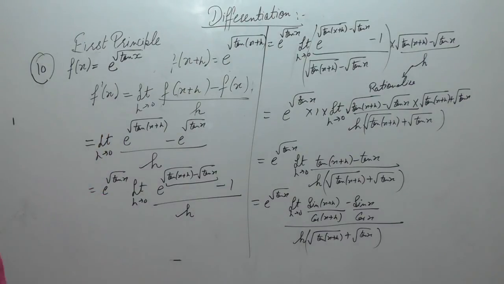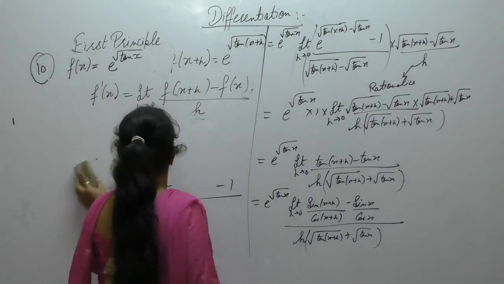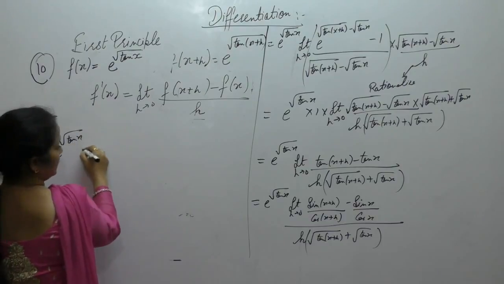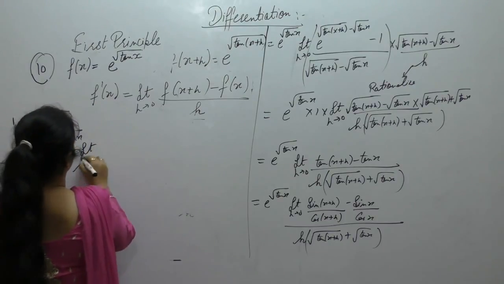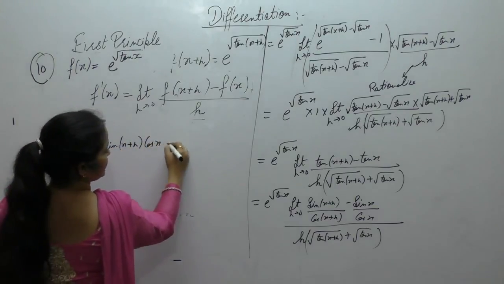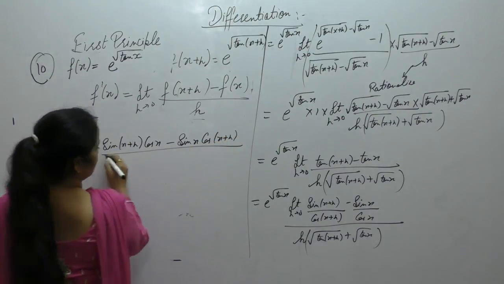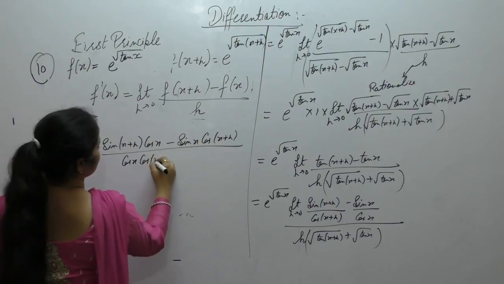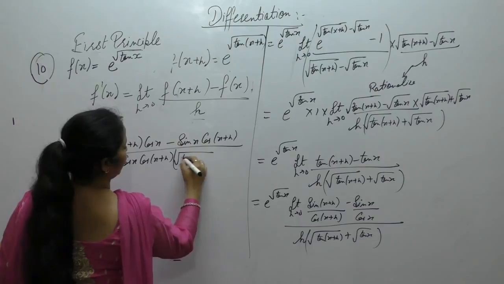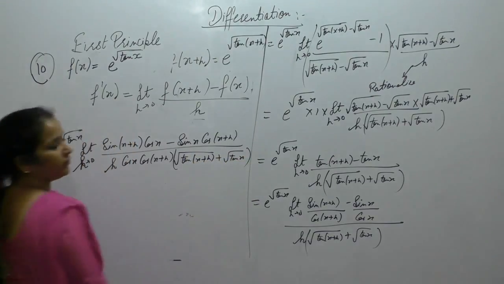Now take the LCM. E root tan x, limit h tends to 0, sine x plus h into cos of x minus sine x into cos of x plus h upon cos x plus h square root of tan x plus h plus square root of tan of x.